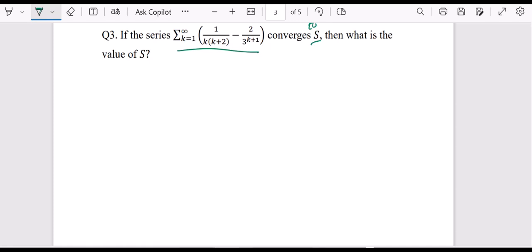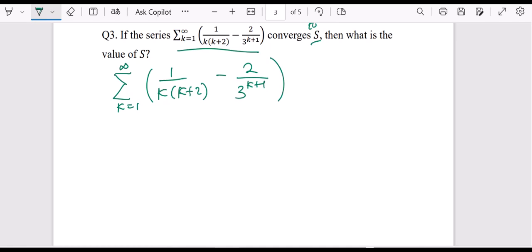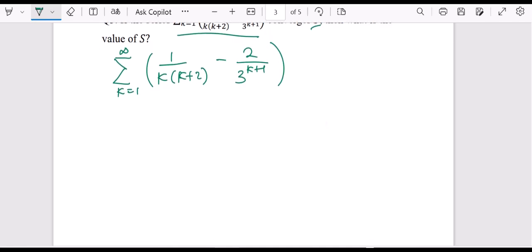I have the series as k equals 1 up to infinity of 1 over k plus 2, minus 2 over 3 power k plus 1, like this. So this is just a combination of two series.